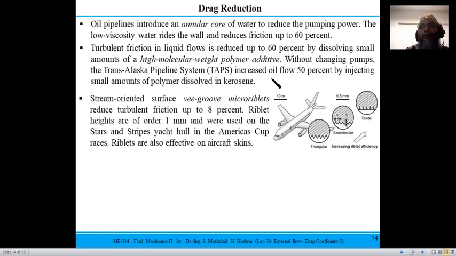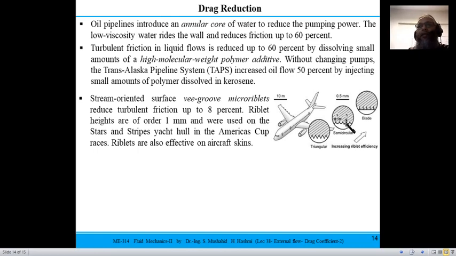In aircraft and in different objects, even in ships and different yachts, people use so-called stream-oriented surface grooves. They are sometimes called V grooves, or microblades or riblets. These are of very small size. For example, if this length is 10 meters, then it is 0.5 millimeter.